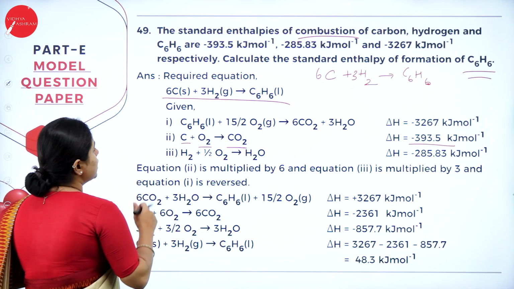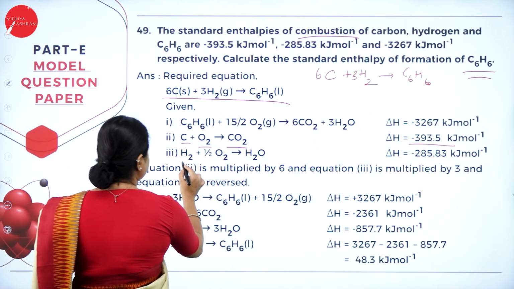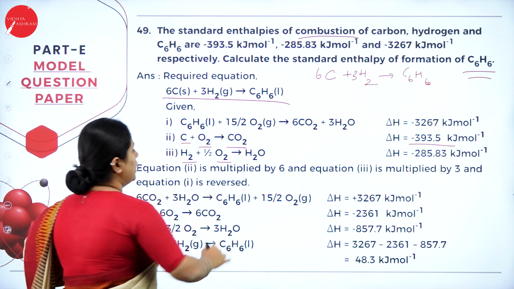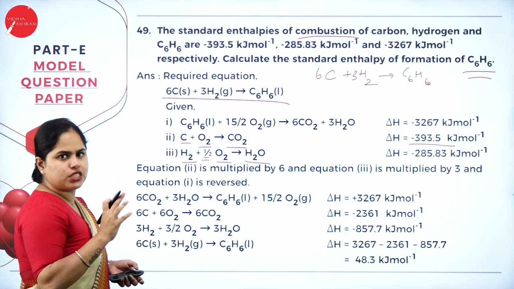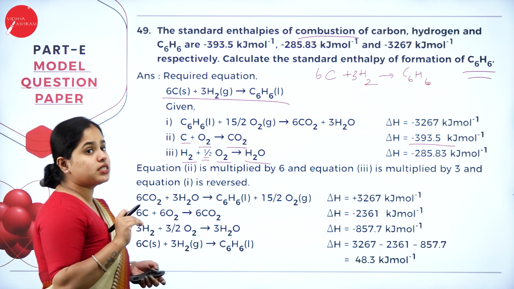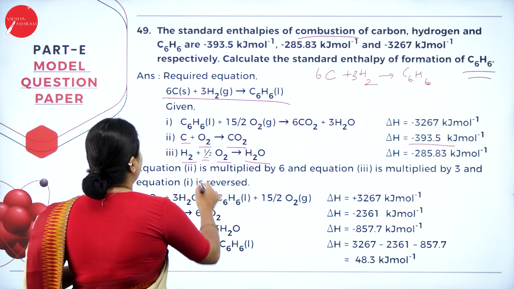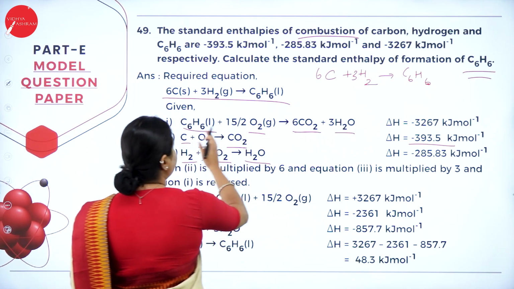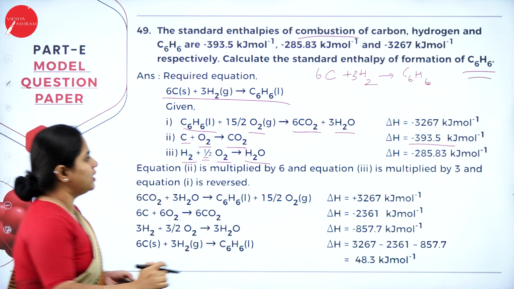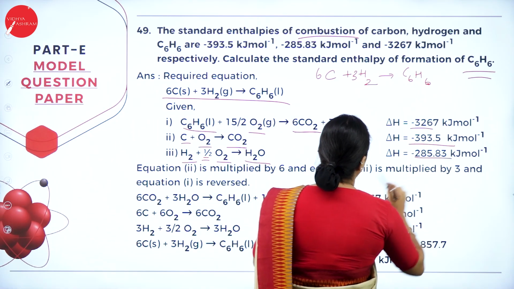Now the next one is combustion of hydrogen. Hydrogen combustion means with oxygen, right? It produces water. So after balancing, you will get a half O2 here. It's just basic balancing. Now the next one is combustion of benzene. Again, benzene combines with oxygen to form carbon dioxide and water. After balancing, you will get this equation. These values are already given in the question.